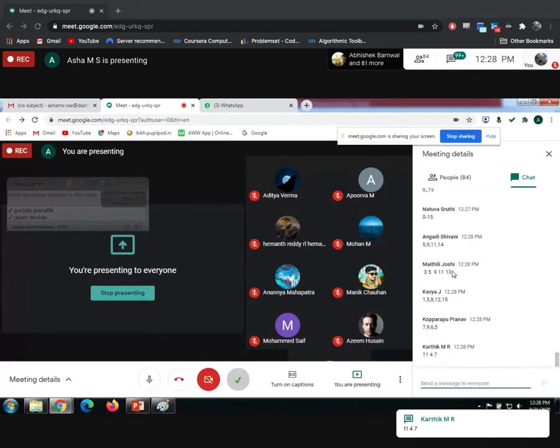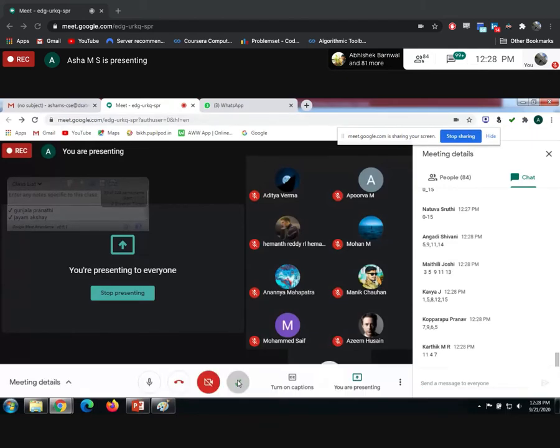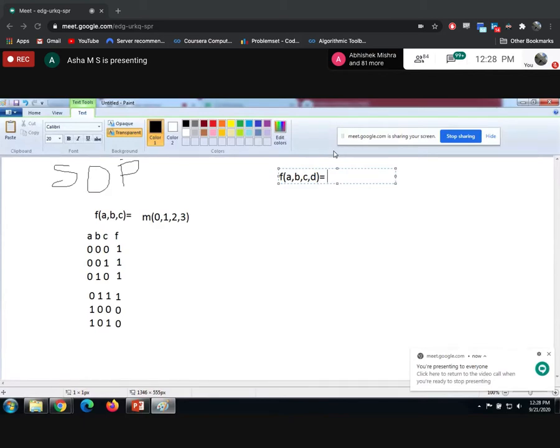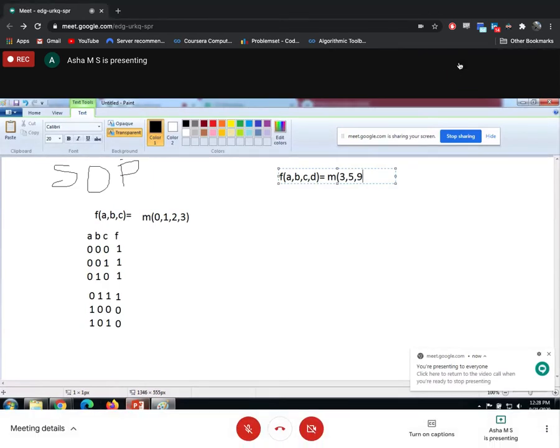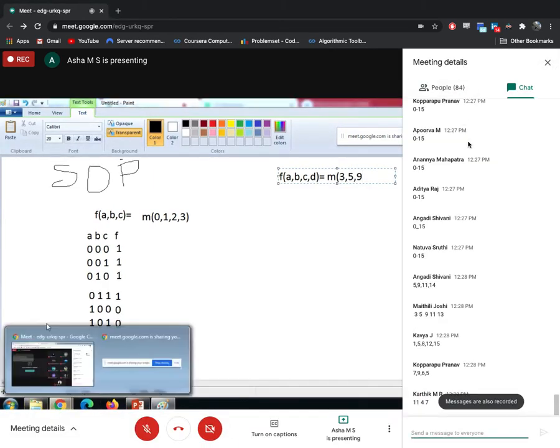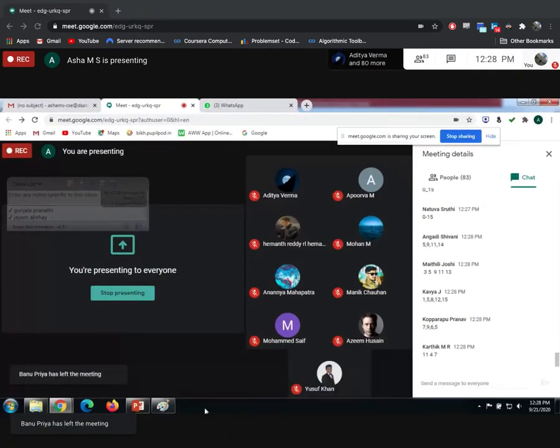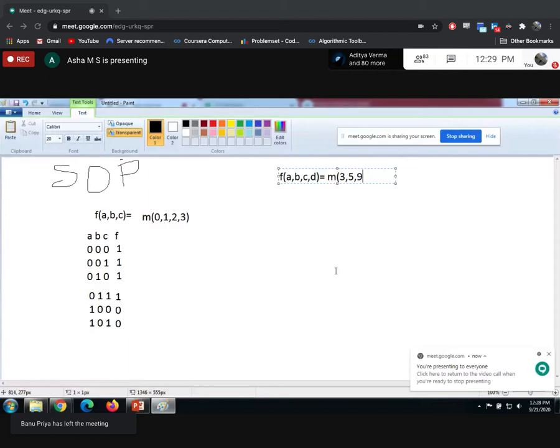Let me take what Maithili gave: 3, 5, 9, 11, 13. So these are the numbers Maithili gave for the function.